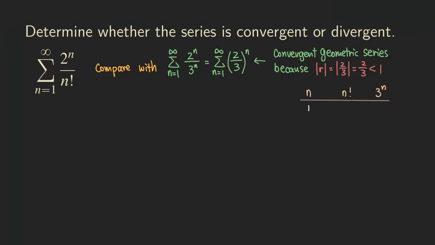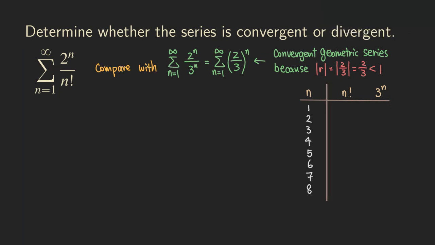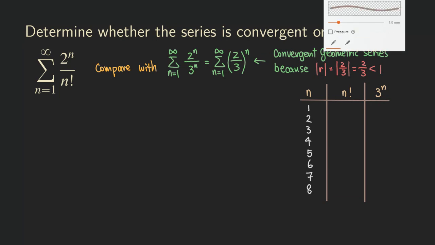So let's just start from 1, and 2, and 3, 4, 5, 6, 7, and 8, and see what's going on. Okay, now let's start filling in the table and see what's going on.